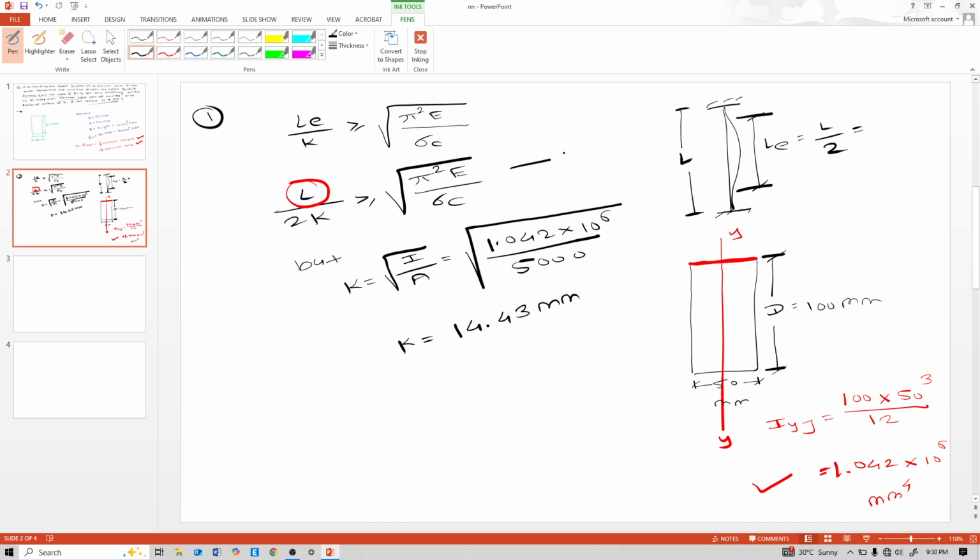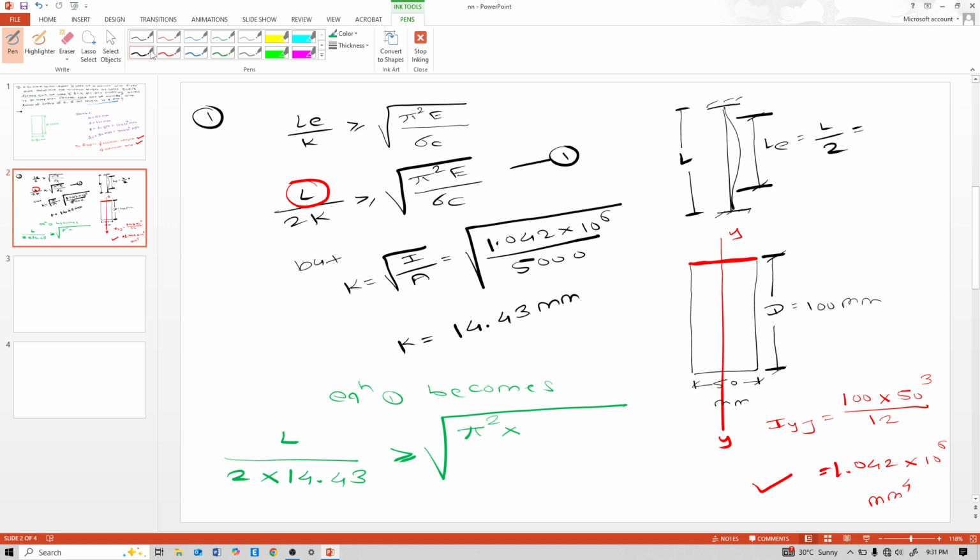Put this K in that equation 1, with E and sigma C also, and you will get that L. Equation 1 becomes L as it is, 2 multiplied by K, which is 14.43 mm, times pi square.